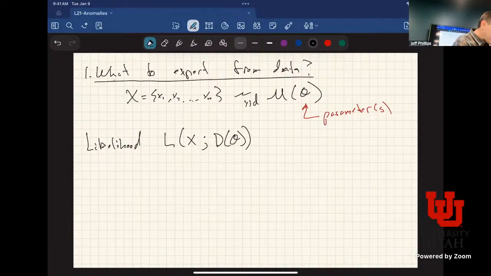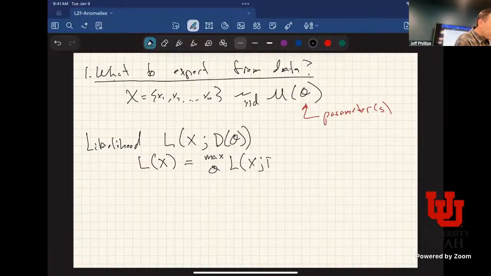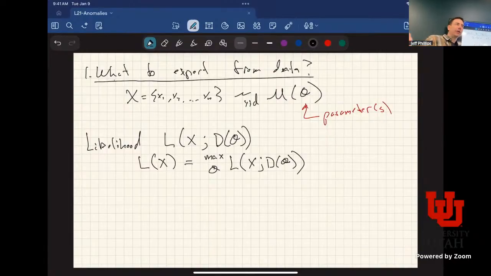We'll derive a version from statistics, and we will write L of X without the parameter, as just the max over the choice of the parameter. This would be the maximum likelihood, and if I took the argmax, so I returned the parameters, that would give me the maximum likelihood model of the data.